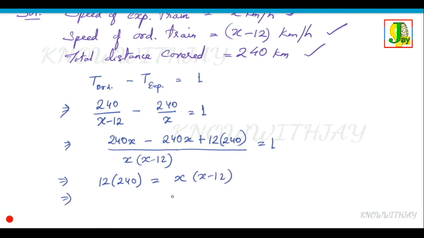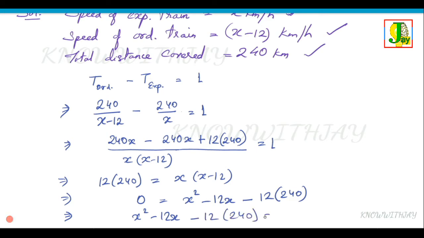That gives us x square minus 12x, and bringing this to the right side, we get 12 into 240 equals 0. So we have got our quadratic equation: x square minus 12x minus 12 into 240 equals 0.